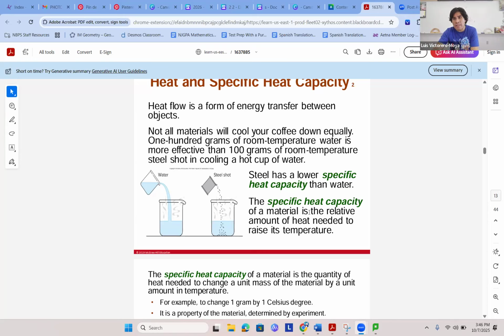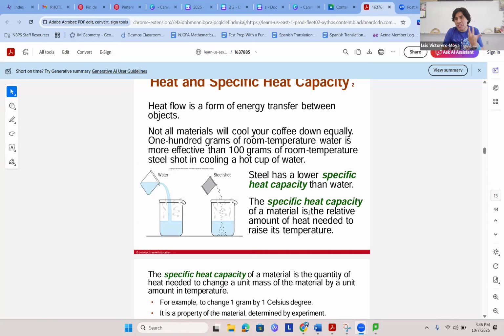That's why there are experiments we can do. There's an experiment that I believe you are going to do in this course, where you use a calorimeter, place water and heat up a piece of metal, and then transfer that metal to a glass of cold water.